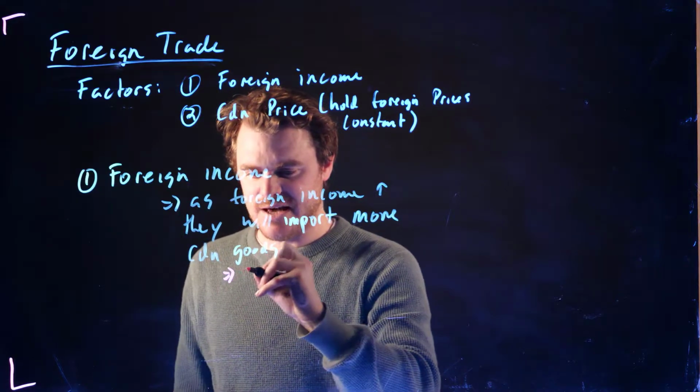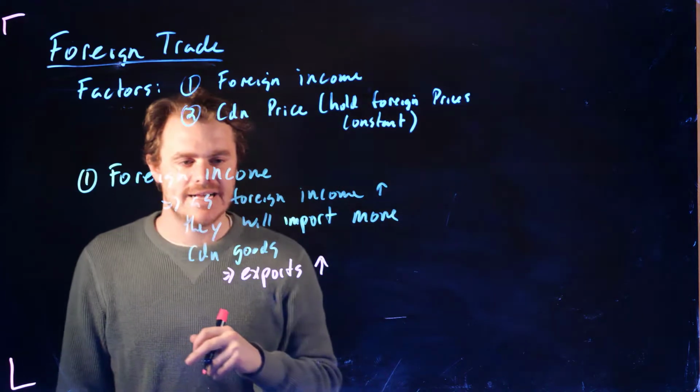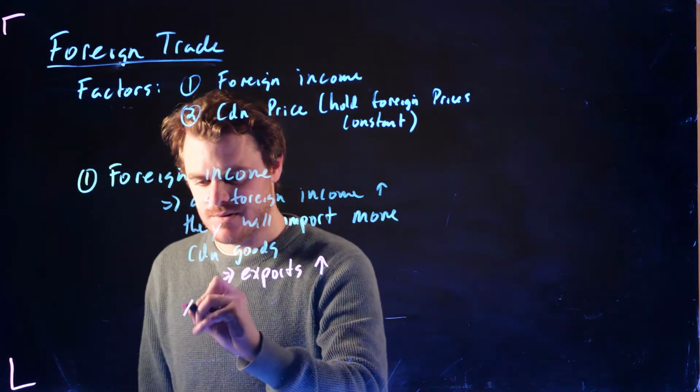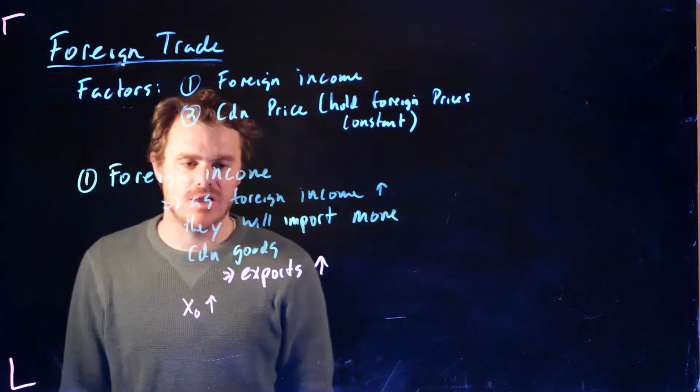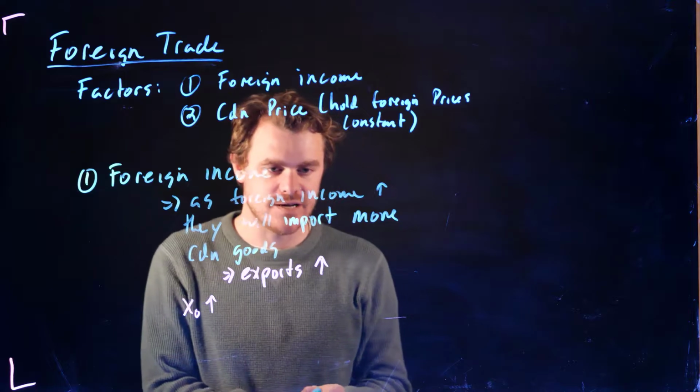Well, this kind of means that our exports, Canadian exports, go up, right? So as foreign income goes up, X0 is going to get larger, which is going to shift up our net export function, if you want to think of it that way.